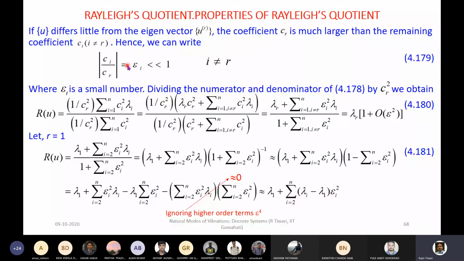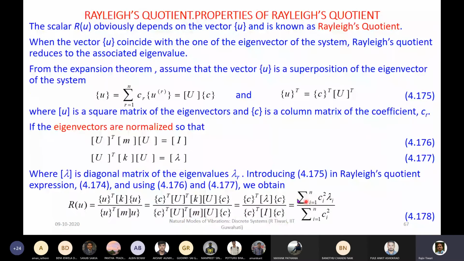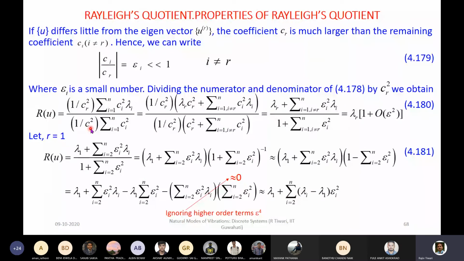Now we write that particular previous expression again here, but now I am dividing numerator and denominator by C_r square. Here I divided, and here also I divided. Now if I expand this, I take the rth term out of the summation and keep the remaining terms in the summation.